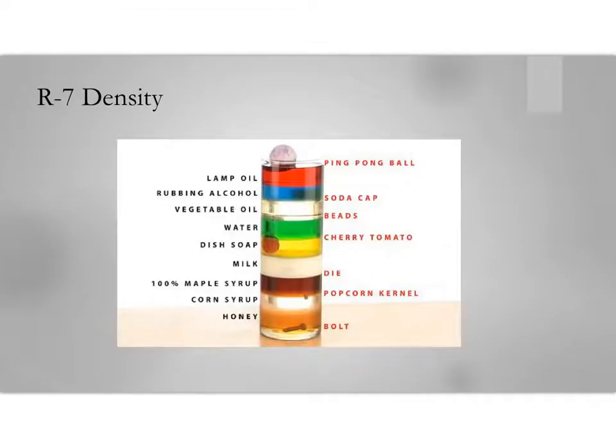So this picture here just shows you how many different substances have different densities, and if they don't interact with each other, you can just have them all float on top. So like at the bottom of this cylinder, there's honey, which would make it the most dense substance in that cylinder, followed by corn syrup, maple syrup, milk, dish soap, water, vegetable oil, rubbing alcohol, and lamp oil.